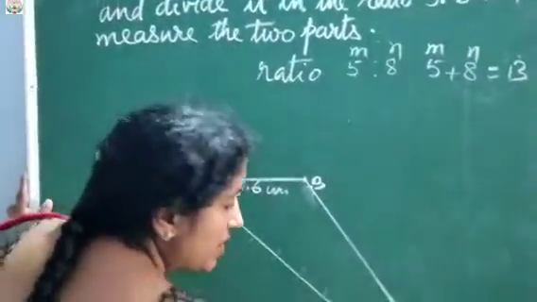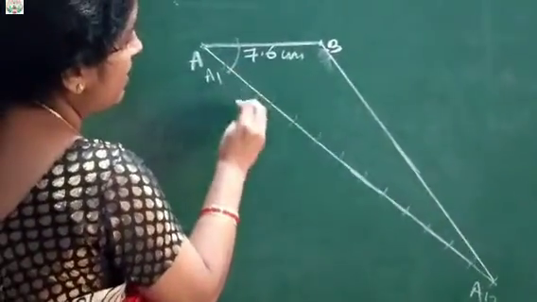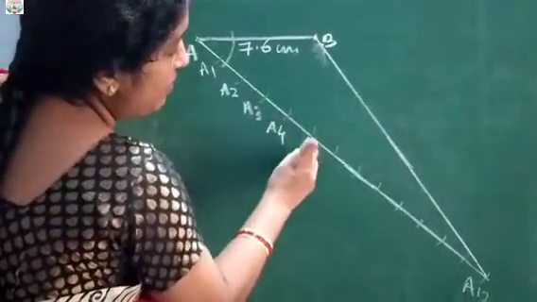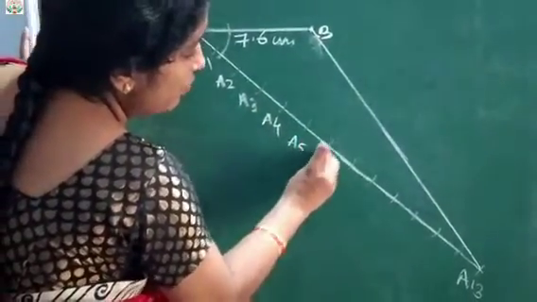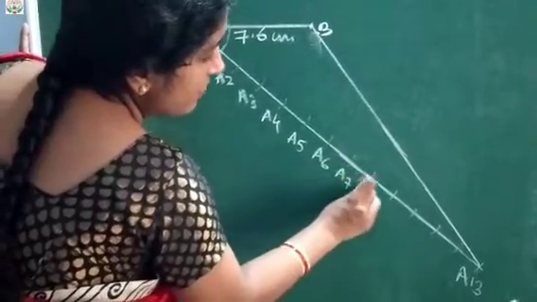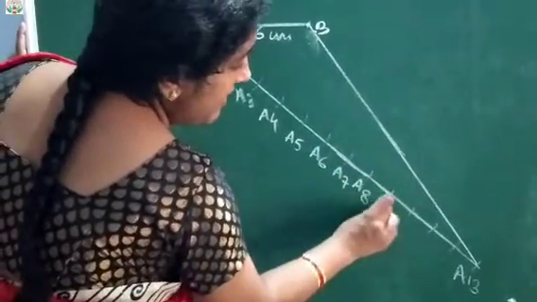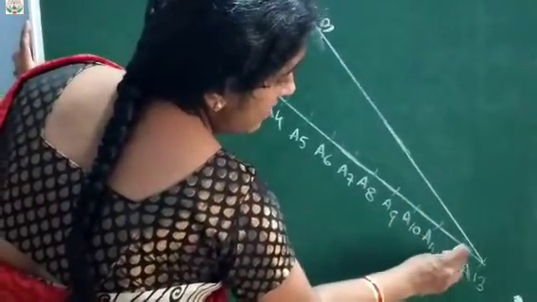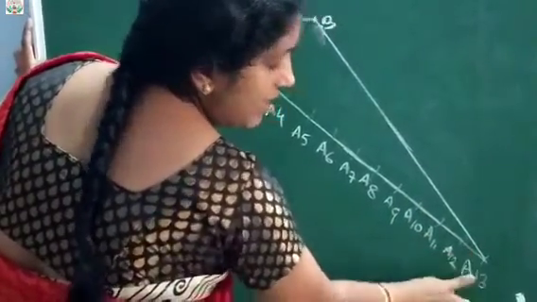This is our A13, because the last division is 13. It starts from here: A1, A2, A3, A4, all of equal measurements. This is A8, A9, A10, A11, A12 and A13.